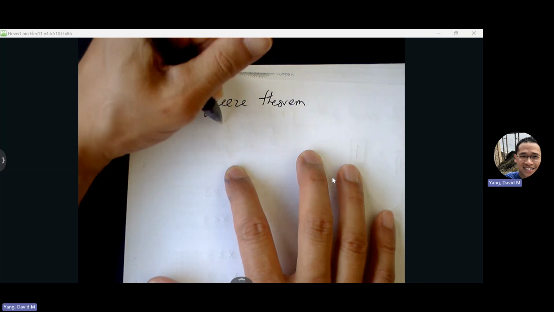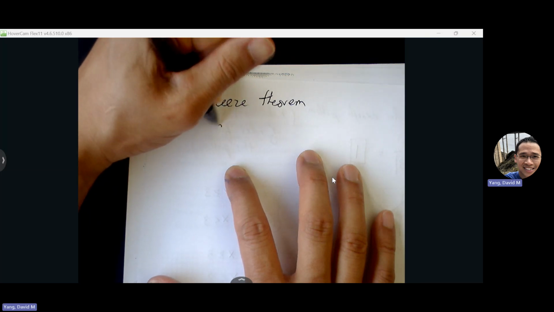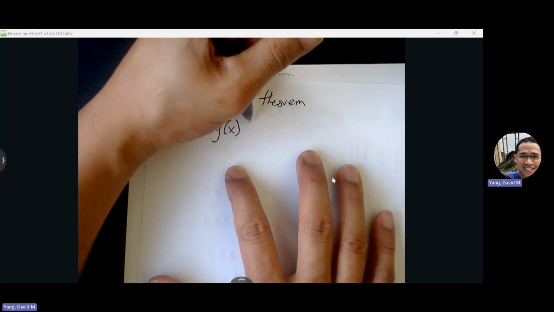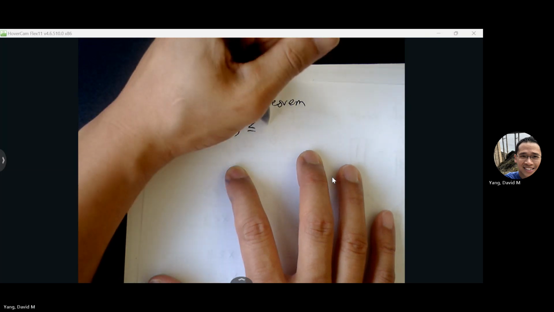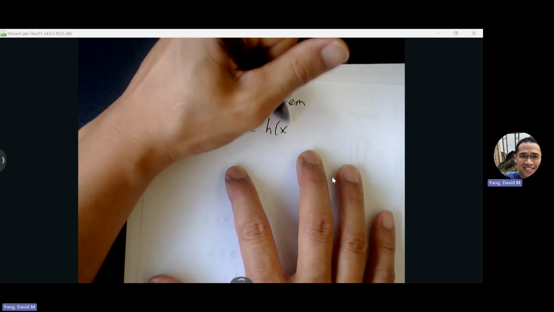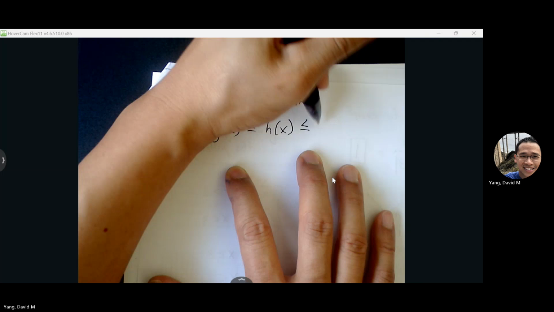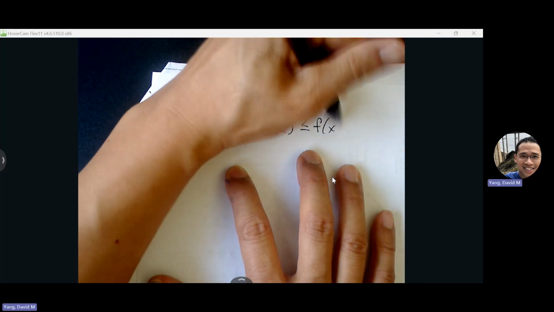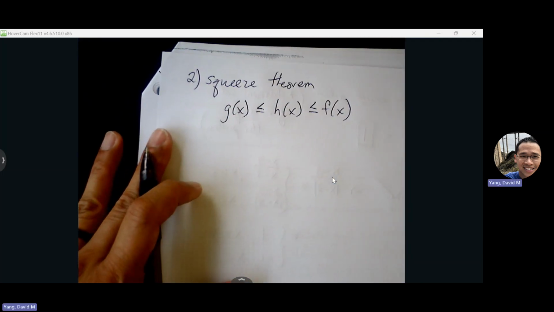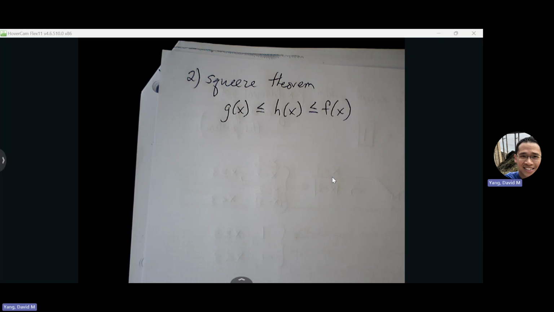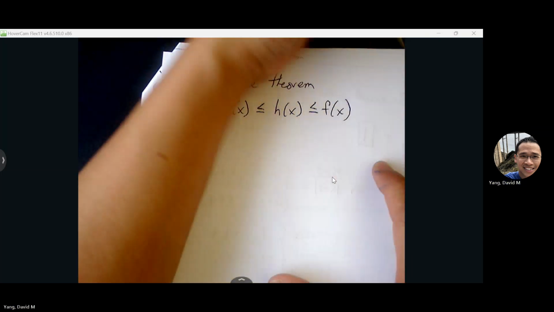So squeeze theorem, you're always going to have 3 functions that the problem is going to already provide for you. It always has to provide a certain relationship between the 3 functions.